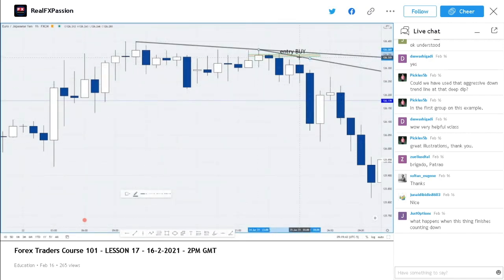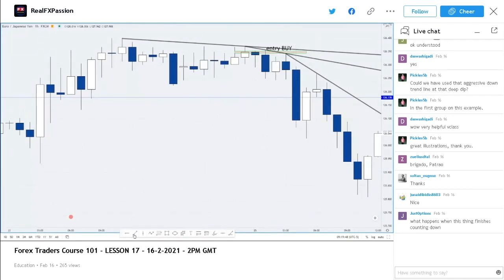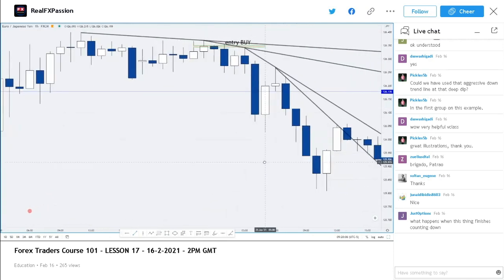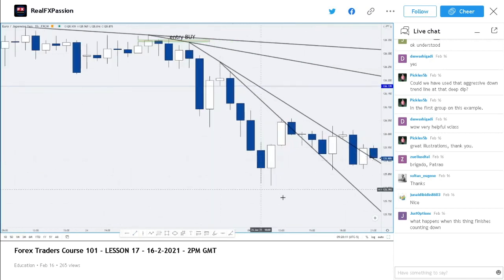One more time. Click, extend. There you go. And we have another one, more aggressive if you want. Something like this. Okay, 1, 2, 3, the market still sideways, falling, bearish, bearish.